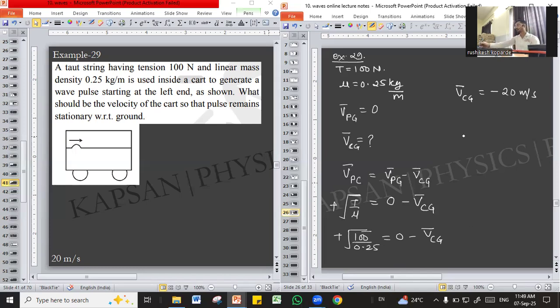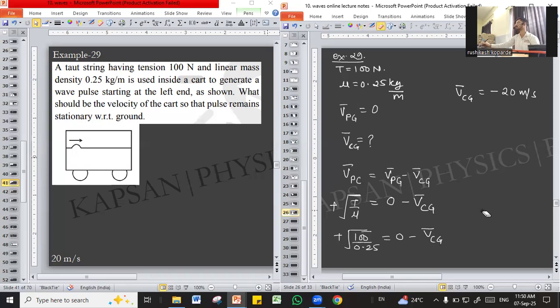If the cart moves forward with 20 and the pulse is also moving with 20, then with respect to ground, effectively the pulse will move with 40. Think of velocity of man and velocity of river. This cart will act as a river. If the river is helping the efforts, then the final velocity of the man with respect to ground will be more.